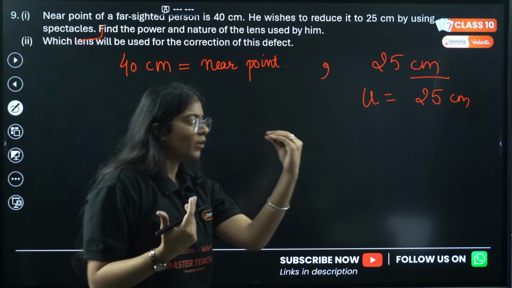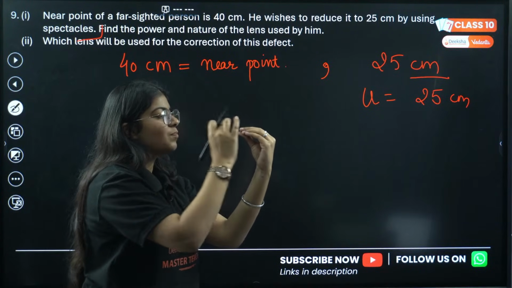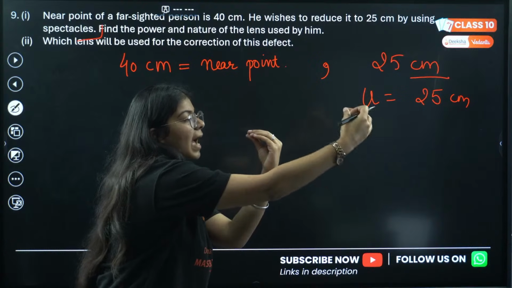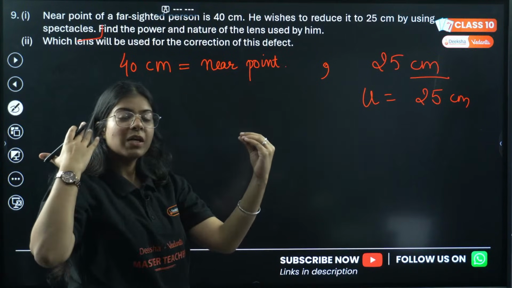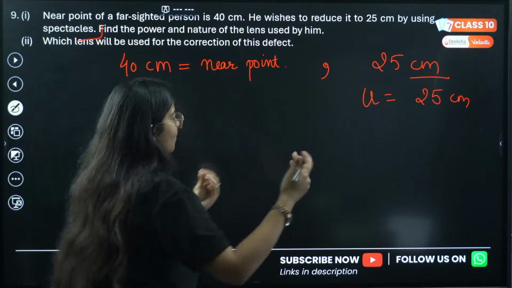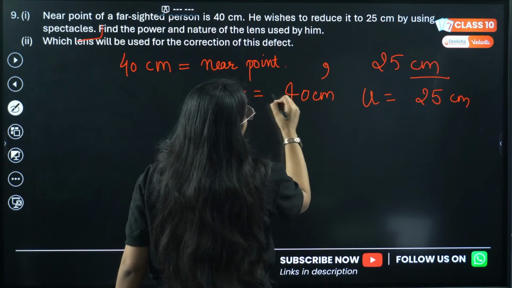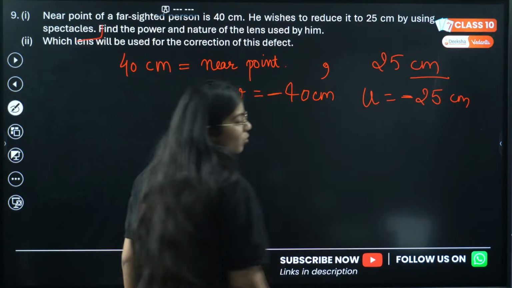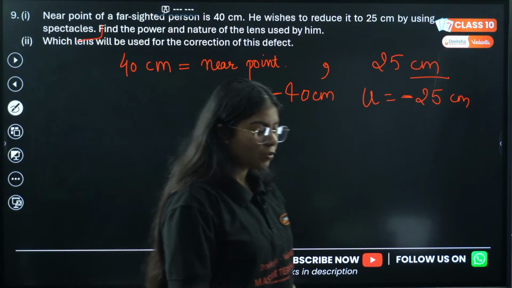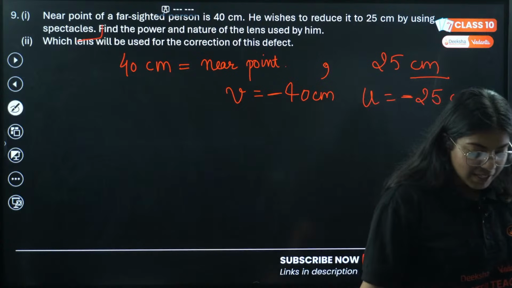So the object is at 25 centimeter, the lens makes the image at 40 centimeter, and then the eye lens focuses it. So image distance is 40 centimeter, and both are negative, as we saw in the last question. u is minus 25 centimeter, and v is minus 40.